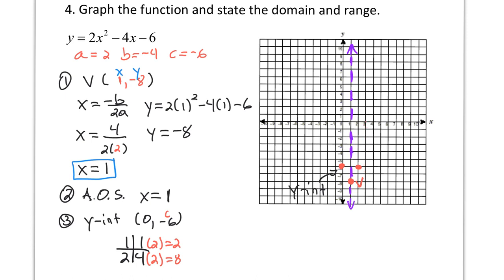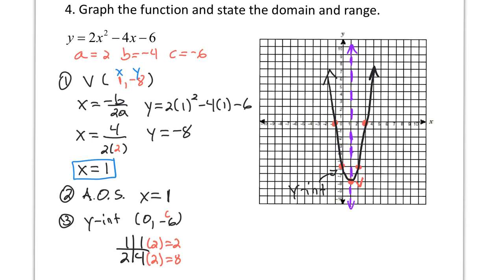And I make a point right here. And once again, my point is 2 units away, so on the other side is 2 units away. So it's right here. And I make my U shape. And it's going up when I connect the points. That's because the a value is positive. If the a value is negative, then it's going to go down.